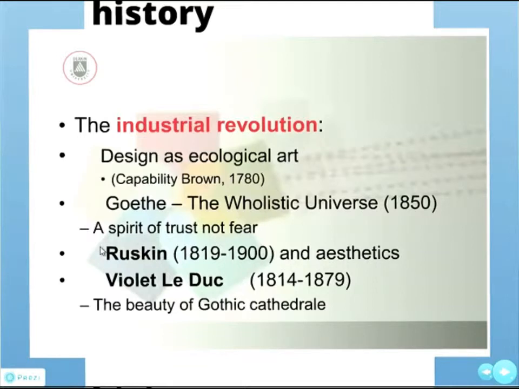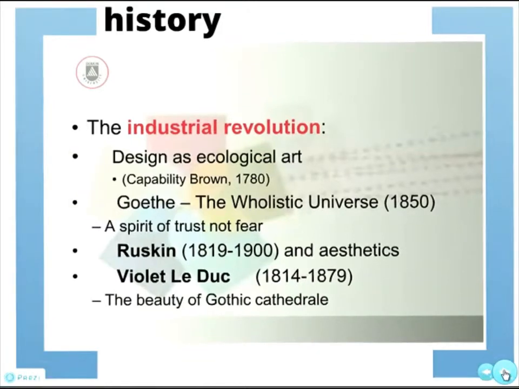So we started having that dialogue about, no, we are not the ones who through science can transform nature. We are part of nature, which is Goethe with his idea about the holistic universe. So it changed a little bit in history during the Industrial Revolution, but it did not transform the profession, particularly in architecture, very much.